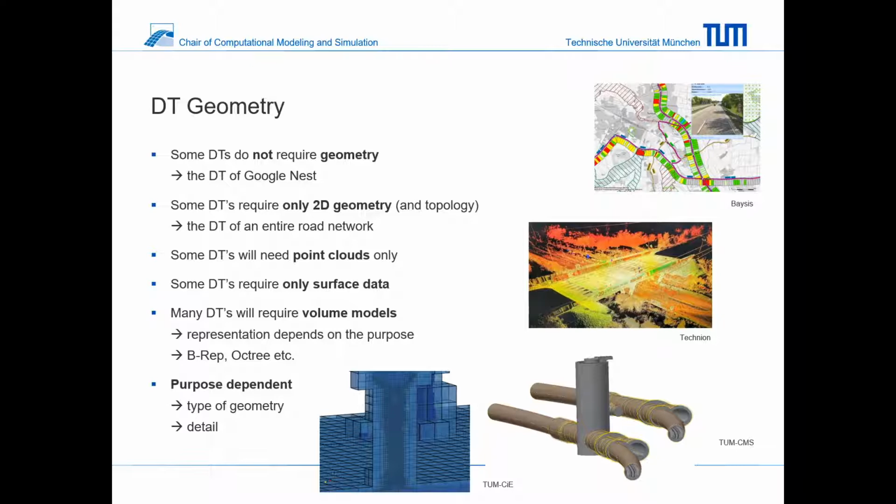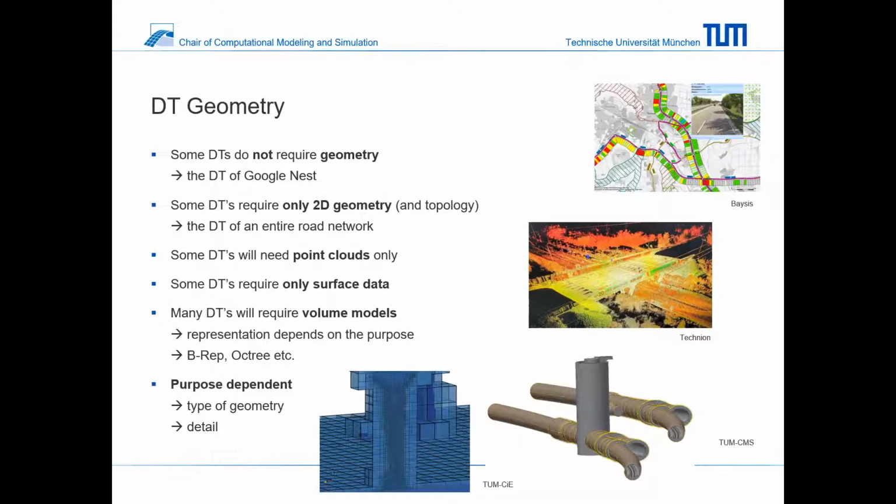Geometry is difficult. I say some digital twins will not require geometry at all. So in the Arup white paper that was distributed, they talk about the digital twin of the Google Nest. That's a very simple digital twin where the sensor, the controller, and the room temperature are set into relation. Very simple, no geometry is required at all.